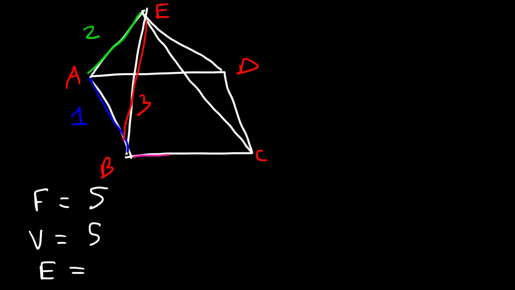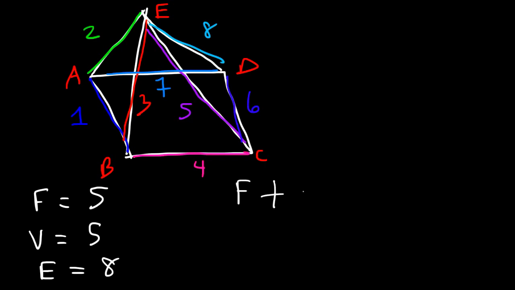BC is 4. EC is 5. DC is 6. AD is 7. And then ED is 8. So I got a total of 8 edges.